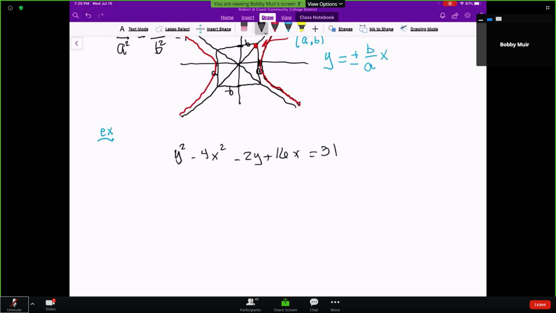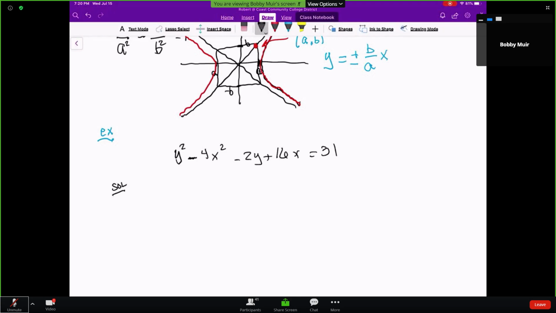You see two of the letters being squared and nothing's canceling, so this is either an ellipse or a hyperbola. The reason we know it's a hyperbola is that the signs are different in front of the x squared and the y squared. The y squared is going to be the positive one.